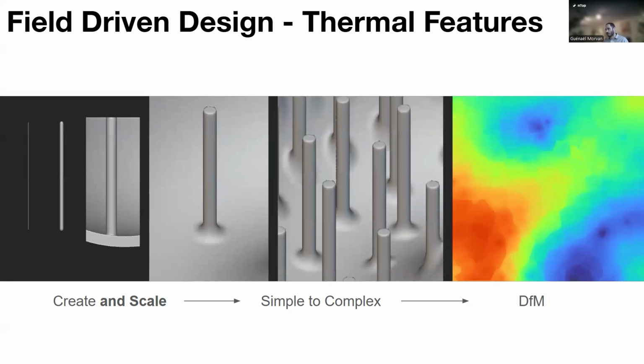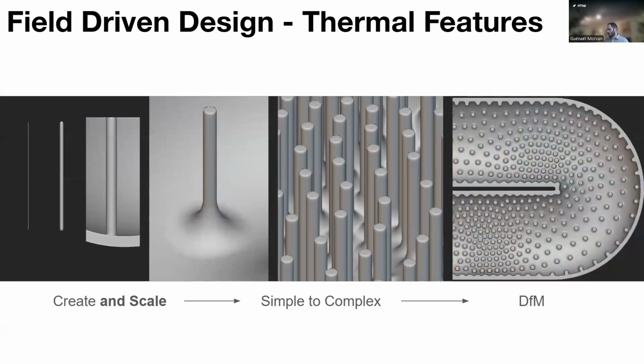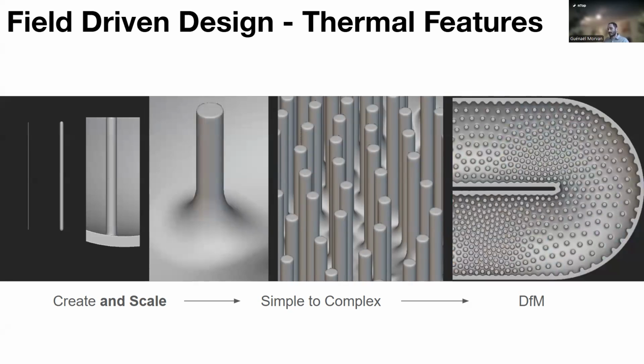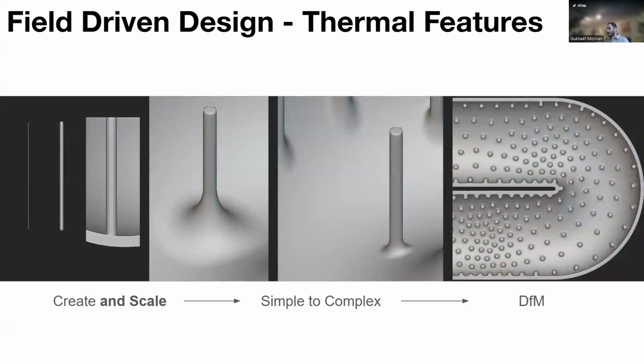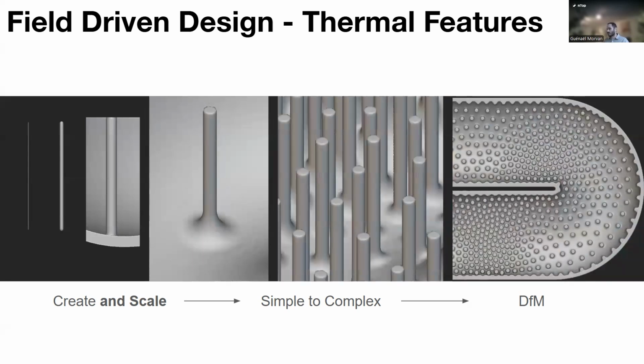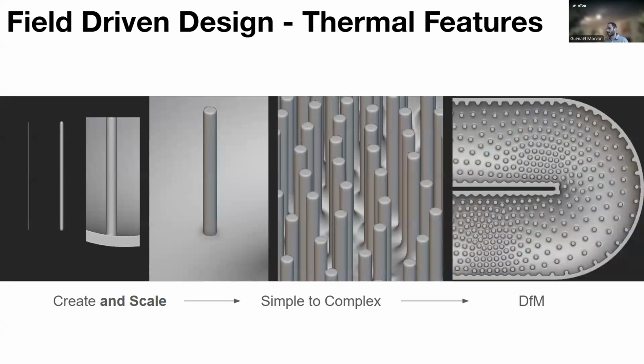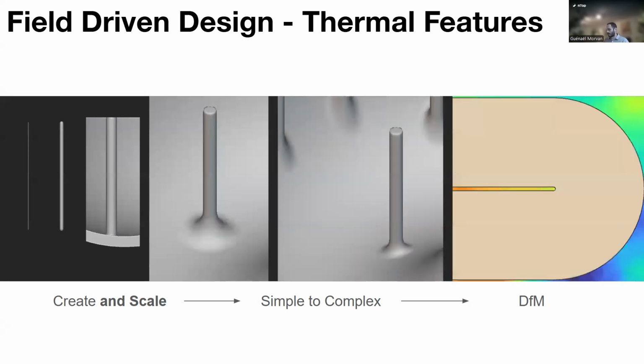It can be done via field-driven design, so using data to drive this design. And this is a fully automated process when it comes to linking these design features with data.